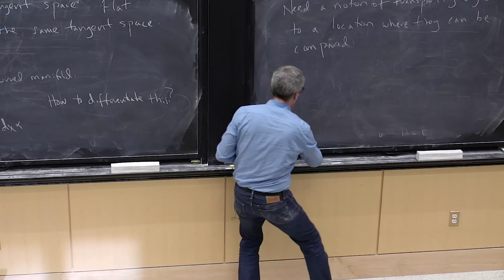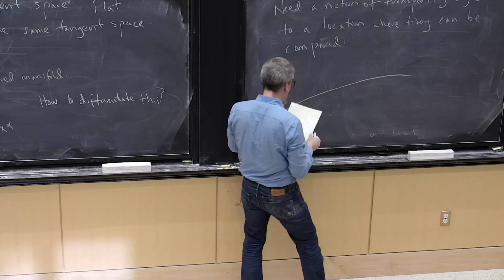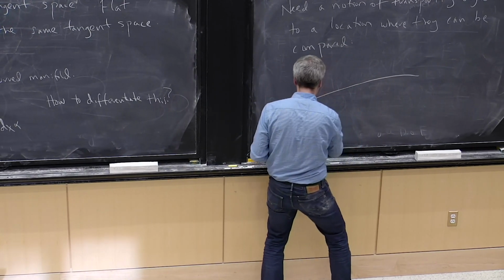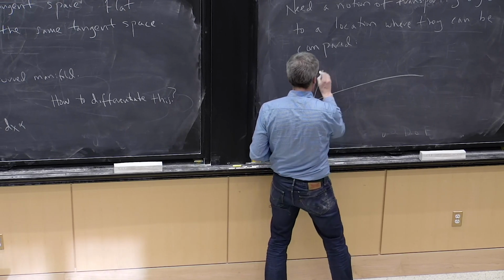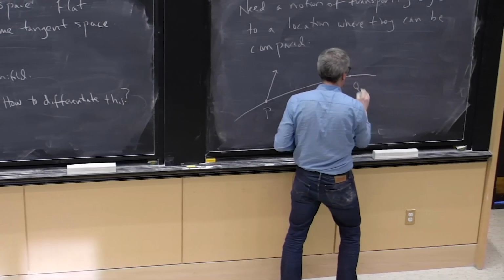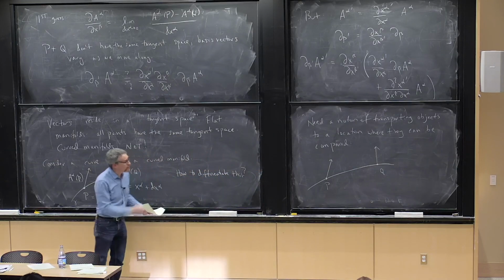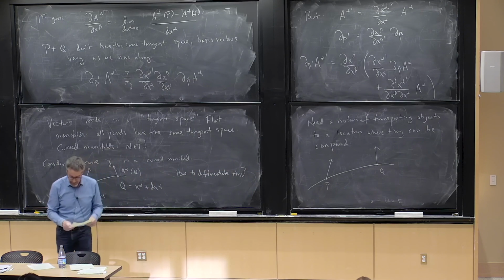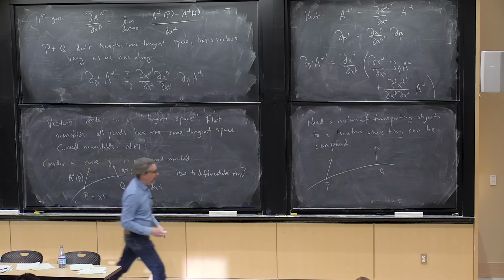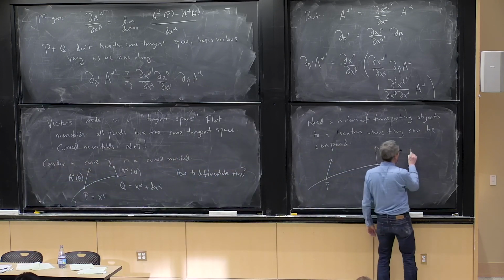So here's one example of a notion of transport that we could use. So here's A at point Q. There's A at point P. Notion one that we'll talk about is known as parallel transport.